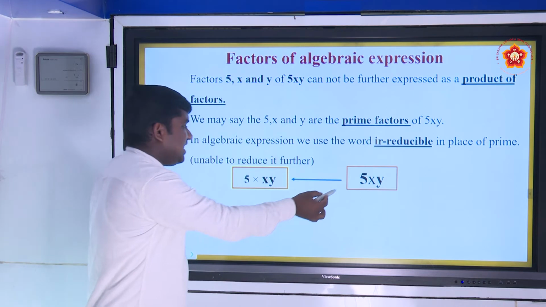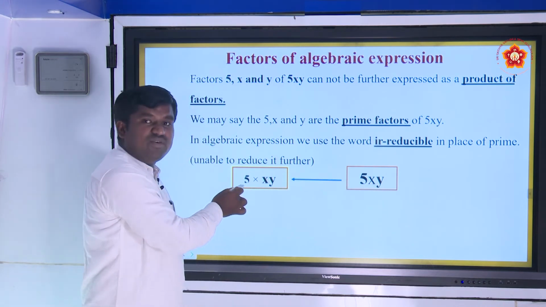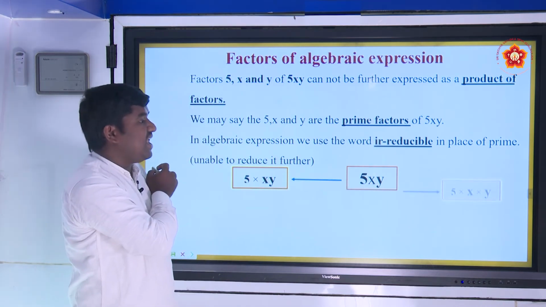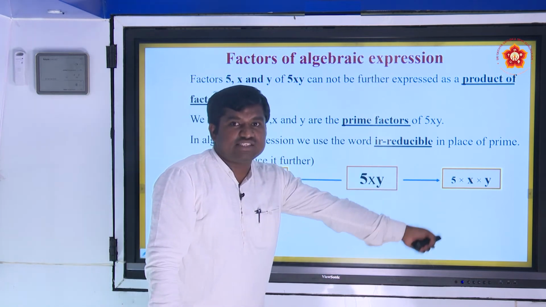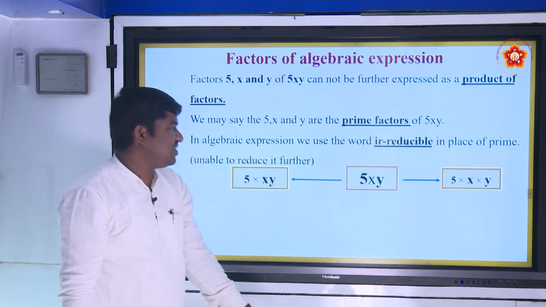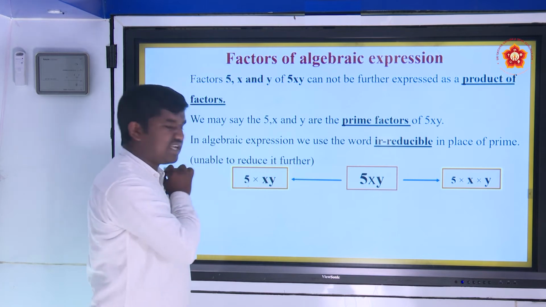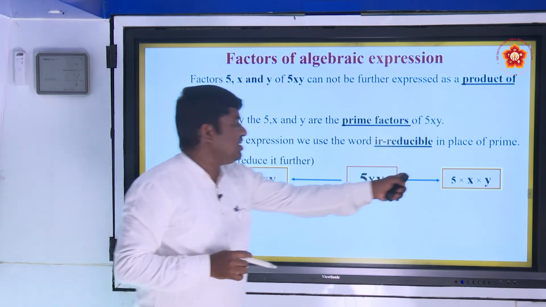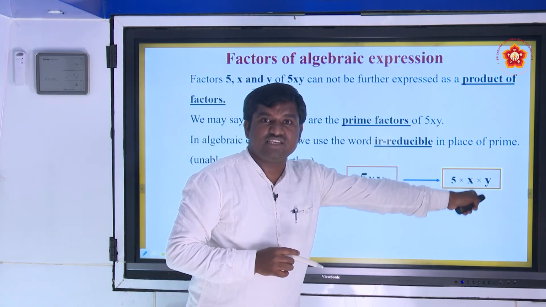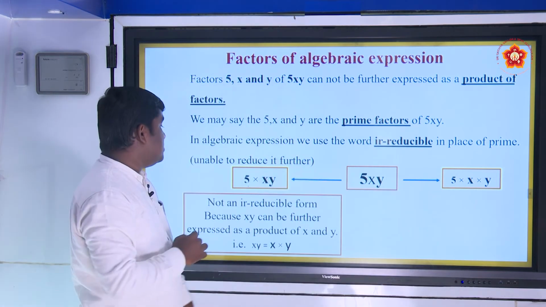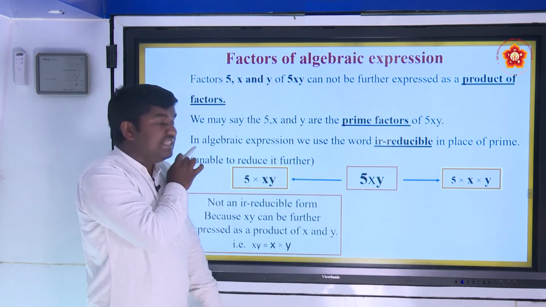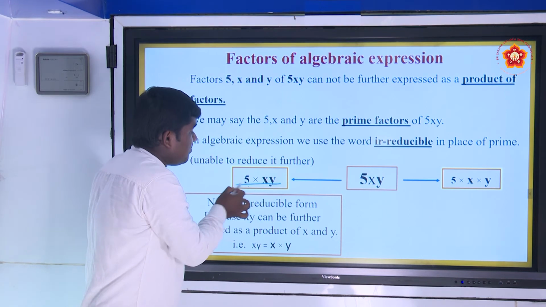See, I can write 5xy in the form of 5 into xy, and also 5 into x into y. Observe this: 5 into xy has 2 factors, 5 into x into y has 3 factors. So this is not an irreducible form.